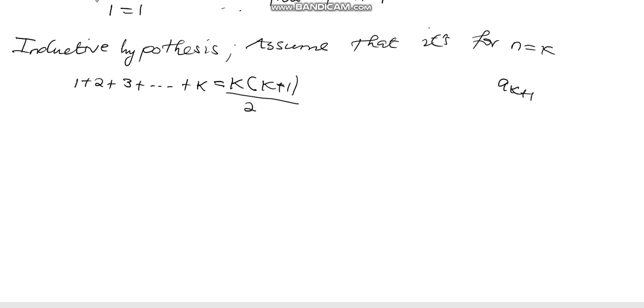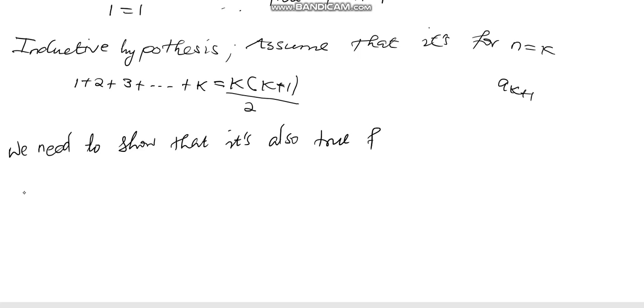Here we need to show that it's also true for n equal to k plus 1. So when we say n equal to k plus 1, this is the new term that we're going to add to the sequence that we already have.